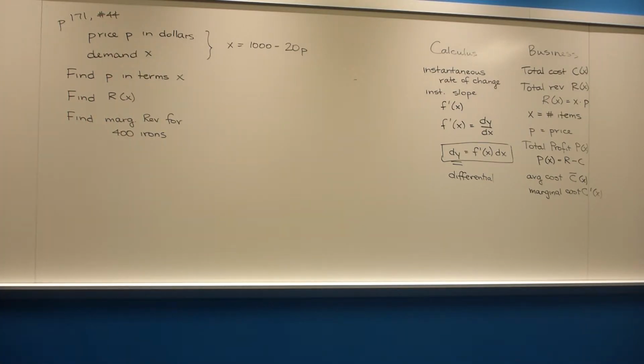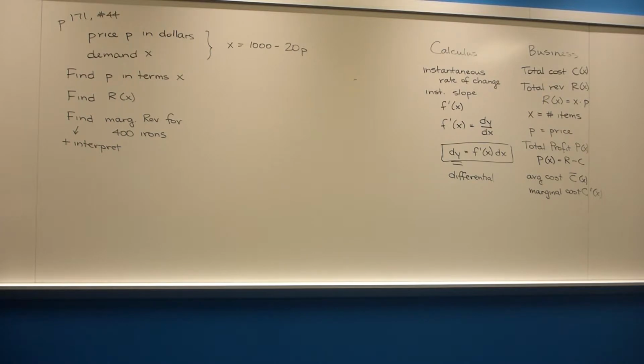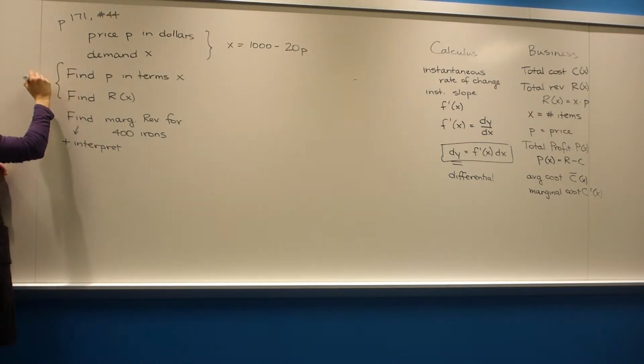So find and interpret. So we need to remember that those mean different things. Find is a number, interpret is the word understanding of that. And along the way in here, we're going to talk about domain.